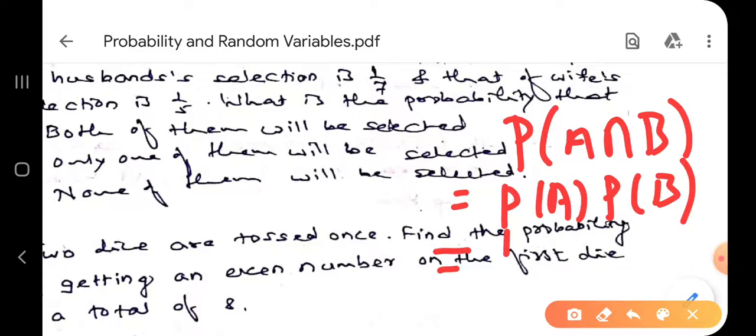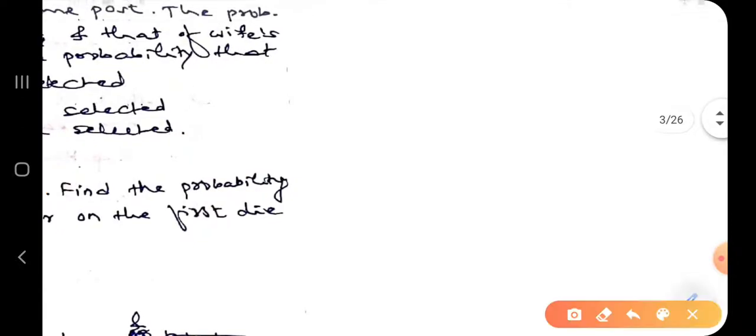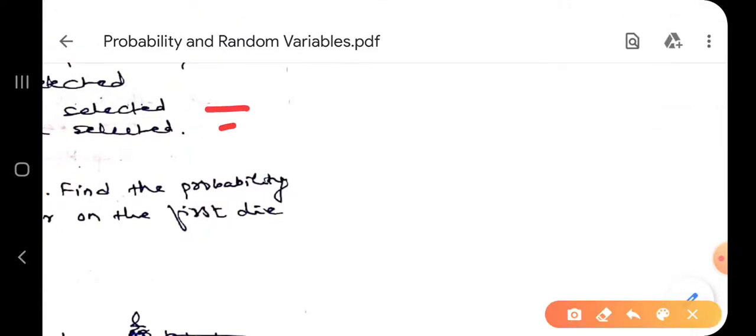Yes, 1 by 7, and P of B is 1 by 5. So your answer is 1 by 35. Getting the first answer? Second, only one of them will be selected. Only one of them means either A is selected or B is selected.